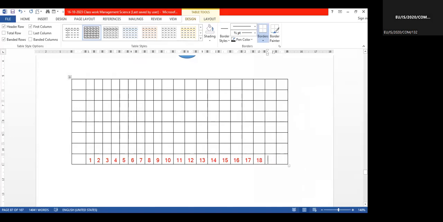This is about the number of days on the horizontal axis. So this project needs 20 days.